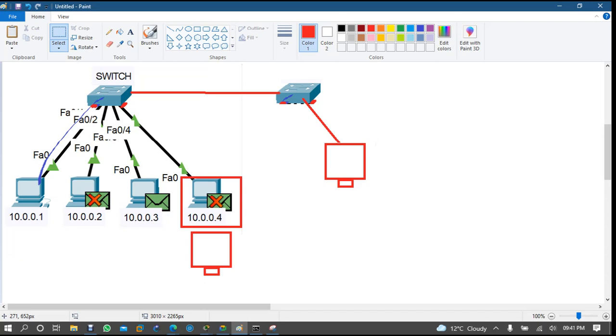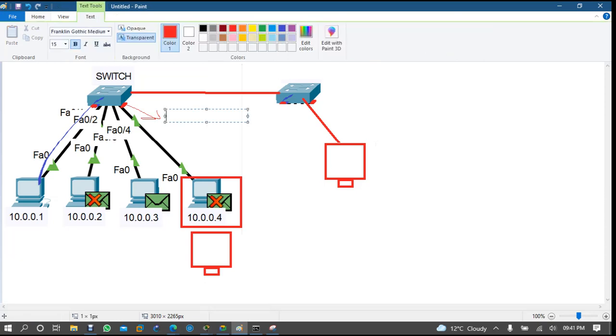Because on this port, did you tell the switch that it is an access port?